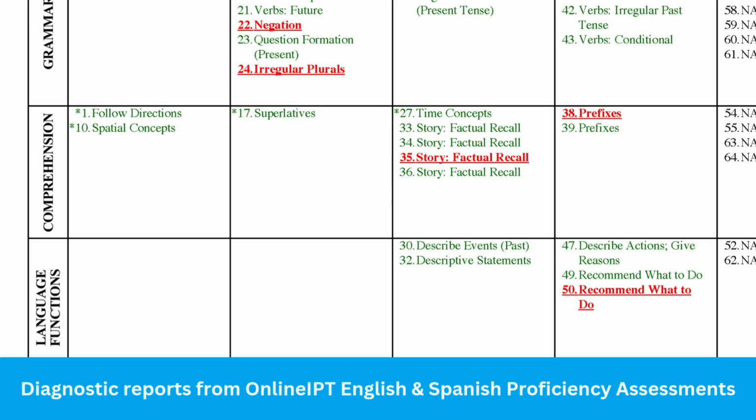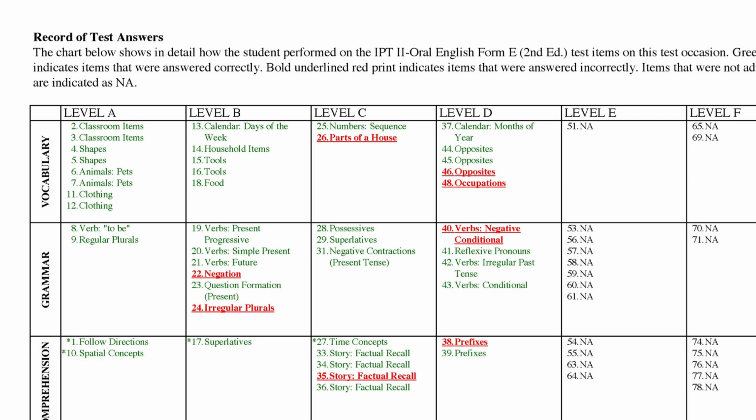So what do you do with a chart like this though? In green, you can take the students' knowledge. For example, students already know household items and they know tools in this first chart. They can then use those items to maybe talk about parts of the house or building parts of the house.